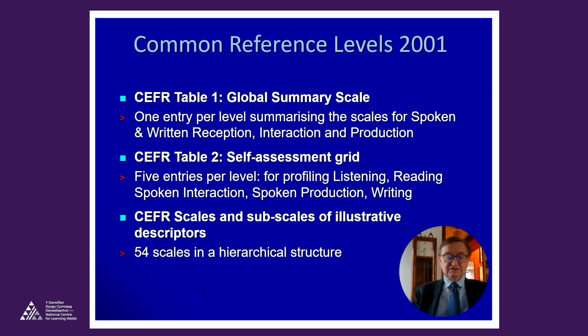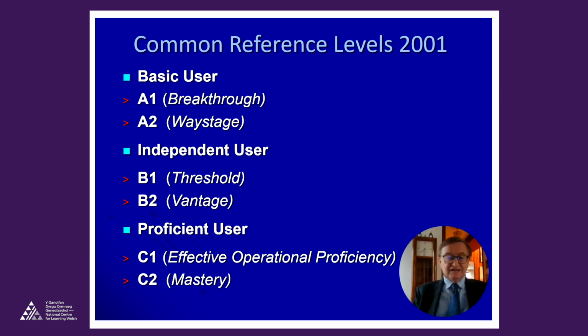And this whole framework of scales was equipped with a huge number of illustrative descriptors presented in subscales, attached in a ranking way to the reference levels. These are the levels as they appeared to be feasible when the ranking of the descriptors was analyzed.